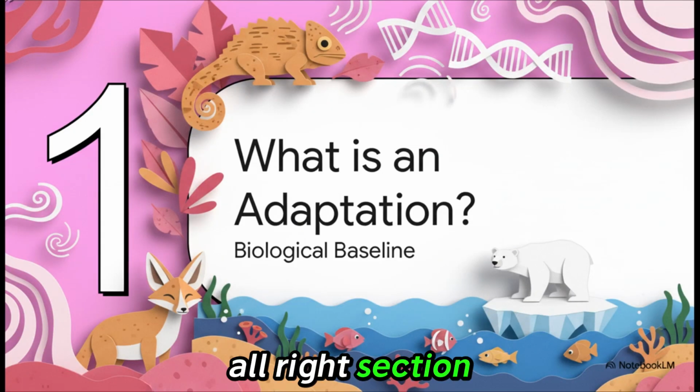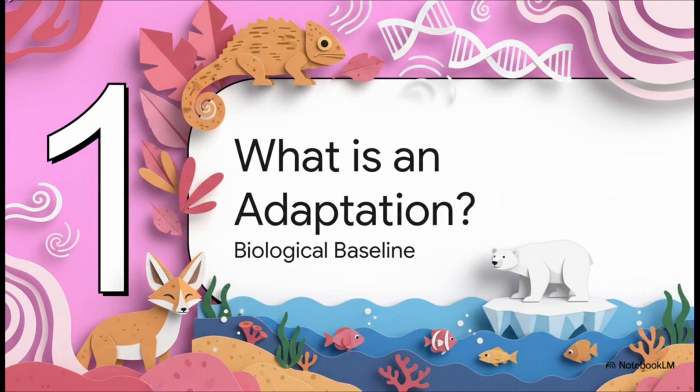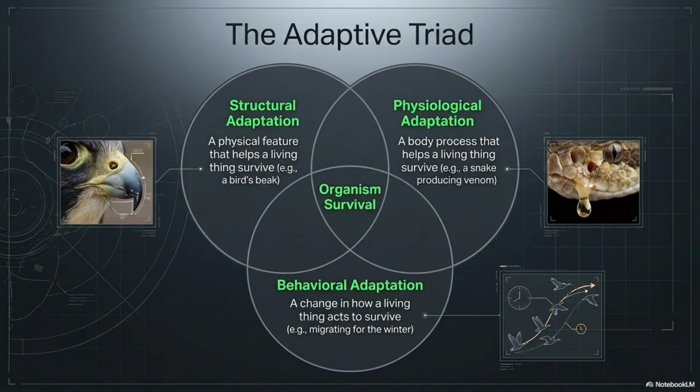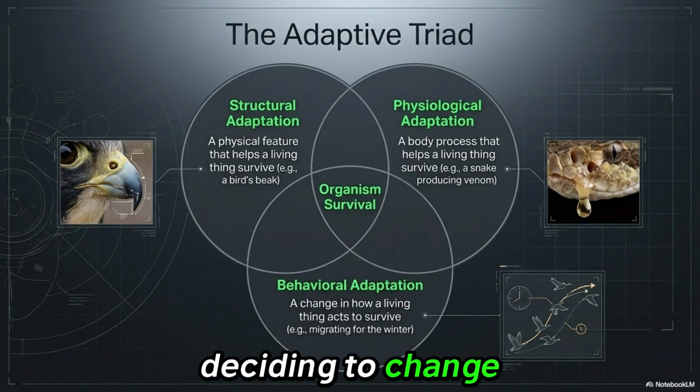All right, section 1. What is an adaptation? Let's get our biological baseline sorted. At its core, an adaptation is precisely defined as a change in a living thing that helps it survive in its specific environment. Now, this isn't about an animal just waking up one day and deciding to change, right?